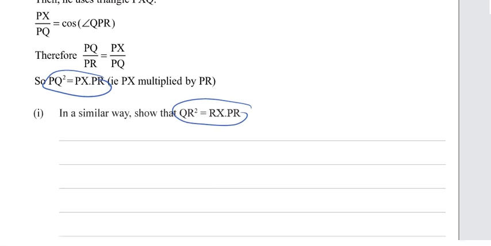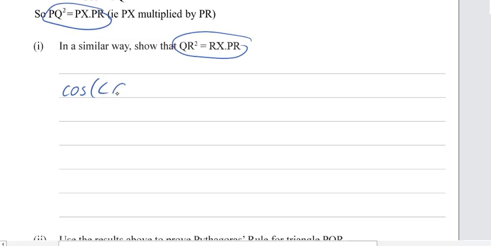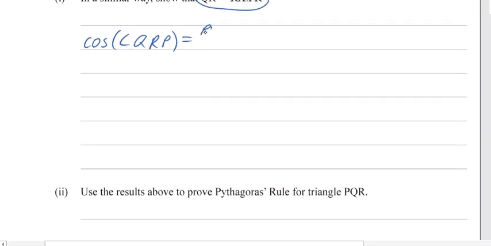So I'm going to write down cos of the angle that we marked, which is this angle here, QRP. Cos QRP is equal to, we'll say, RX over QR, and then I'll write cos angle QRP is also equal to QR over PR.